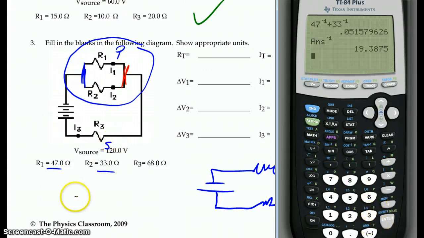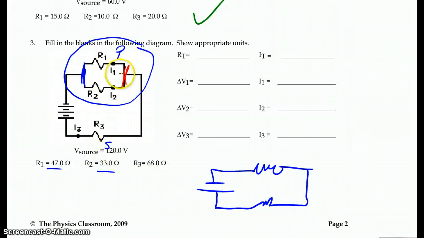Okay, so those two are worth 19.4. So it's the same as having a 19.4 ohm resistor here and then the 68 ohm resistor here. So we say this circuit is equivalent to the same as this one up here.